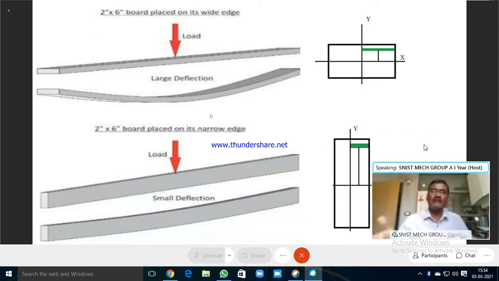Some support you have, roller support, let us say. And you are applying exactly in the middle, in the midpoint, right? And when you apply the load in the middle, so when it is supported on the width, you see that wide edge, I can say. It's very clearly marked. You have thickness is 2 inches and width is 6 inches. Now it is resting on the 6 inches width.